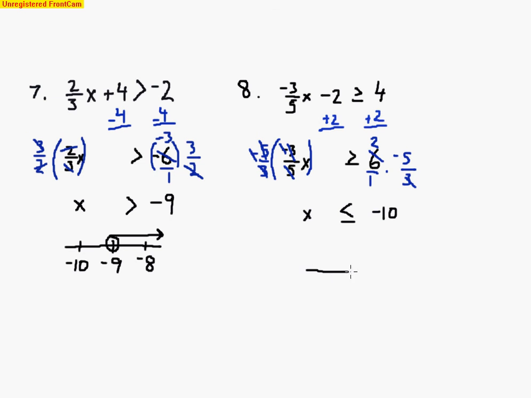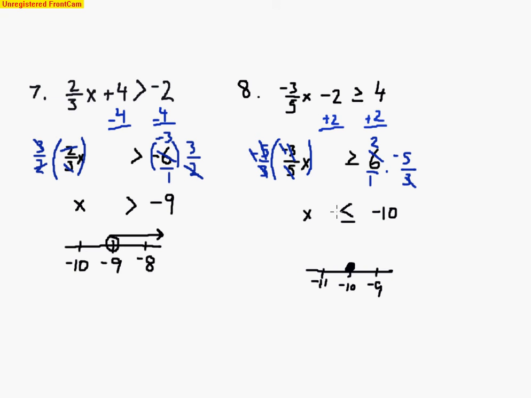Well, we'll go ahead and put -10 in the center. We have the bigger number, negative 9, to the right, smaller number, negative 11, to the left, and now we've got a different type of circle than before. Had one earlier, but not for quite some time. So this is less than or equal to.